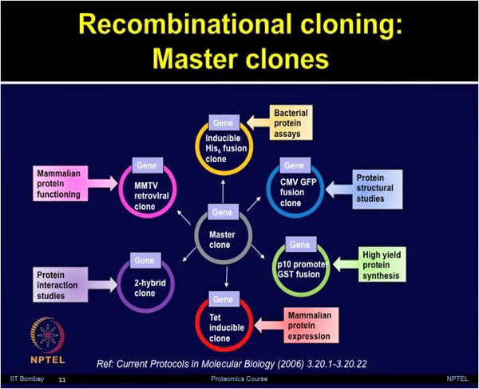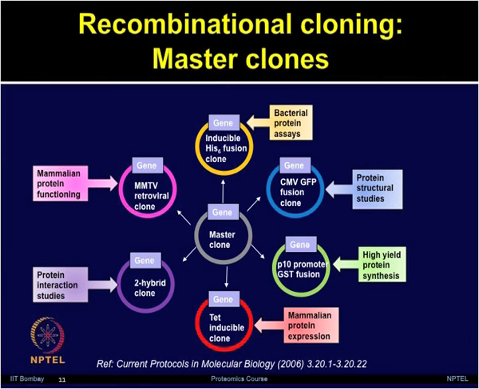In the slide, a few vectors are shown and a few applications are informed here. For example, one can use inducible histidine 6 fusion clone. Now, this can be used for performing assays using protein made in the bacterial system.